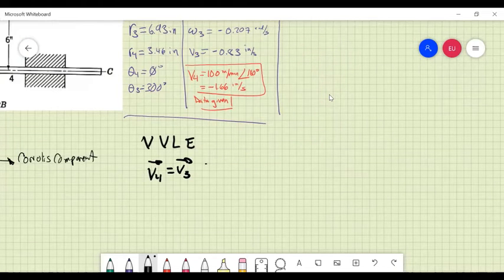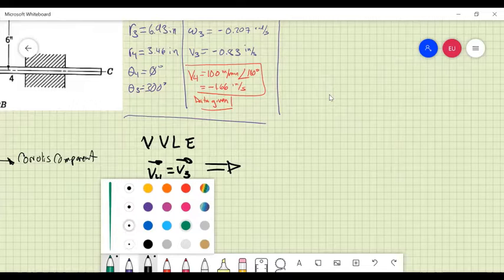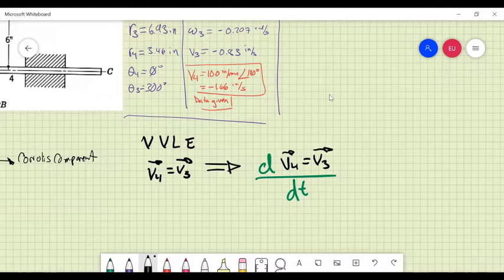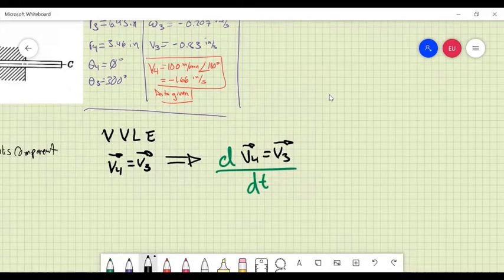And in order to analyze this for acceleration, we derive that with respect to time. So when I derive that with respect to time, what do I get? I'll simply get two acceleration vectors.